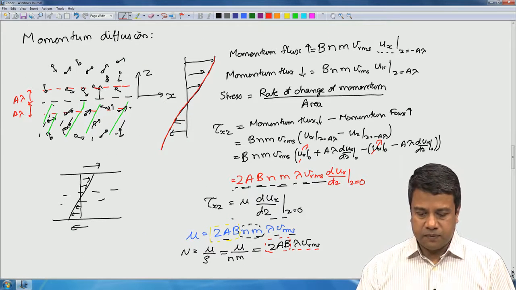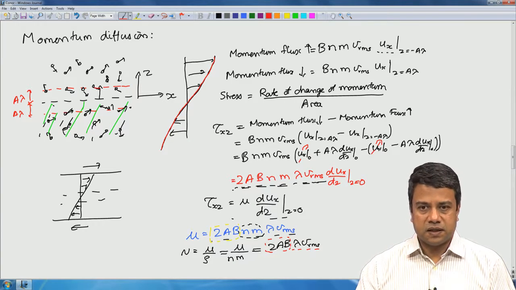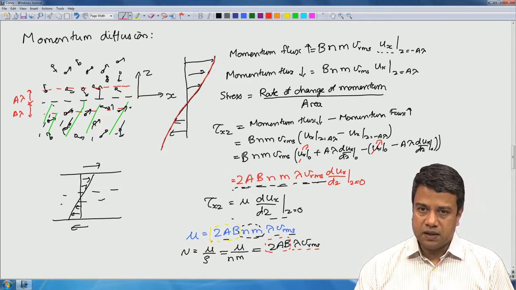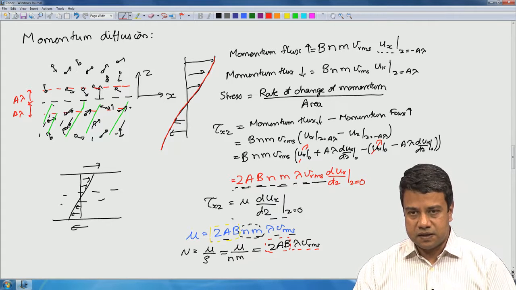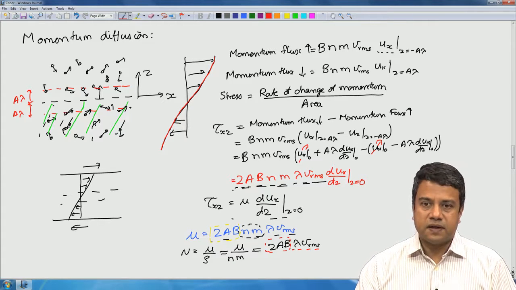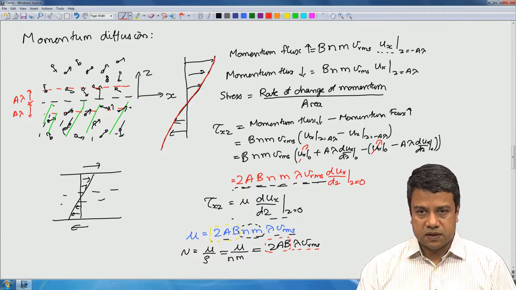In the case of momentum diffusion, it is the momentum that is being transported. In gases, that momentum is transported by the physical motion of molecules, as in the case of mass. Similarly, energy is transported by the physical transport of molecules, because there is a slight difference in the internal energy across a surface if there is a temperature variation, and that is what transports energy across.